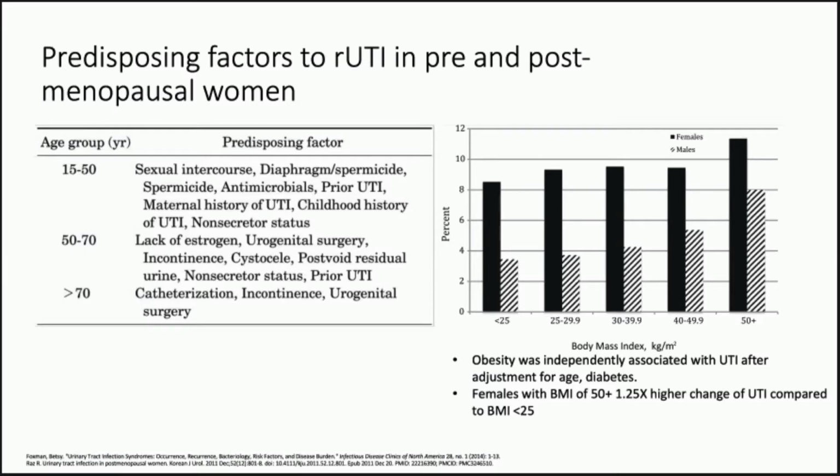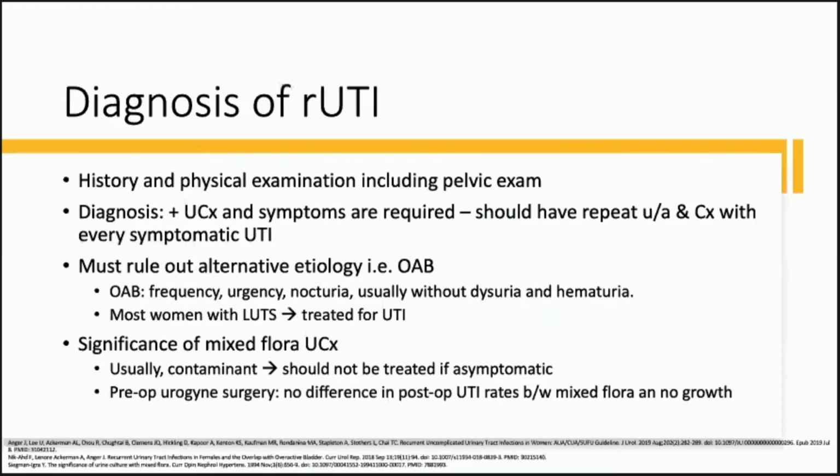Obesity has also been associated with an increased risk of recurrent UTIs in both men and women. There was actually a study that showed that when we control for both age and diabetes, obese women were 1.25 times more likely to develop UTI in comparison to patients that had a BMI less than 25.